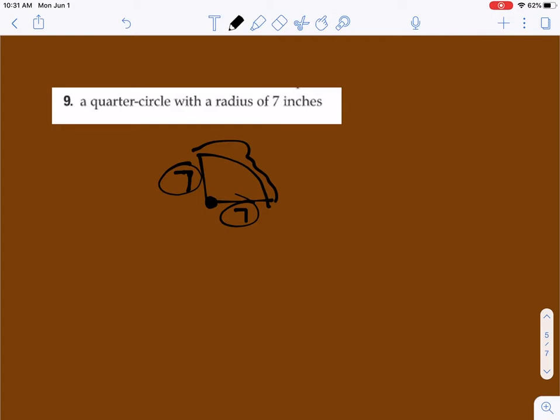So let's figure out what the circumference of that entire circle would be, right? So if we do that, first, let's do circumference equals 2 pi r. So it's going to equal 2 times pi, and my r is 7.